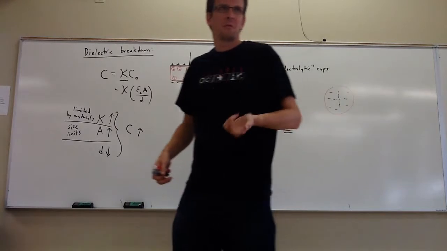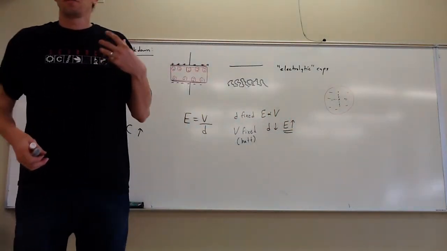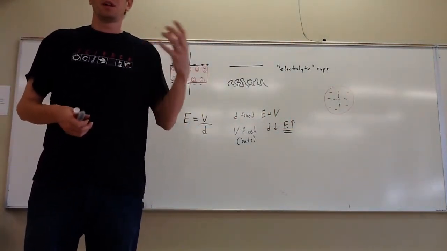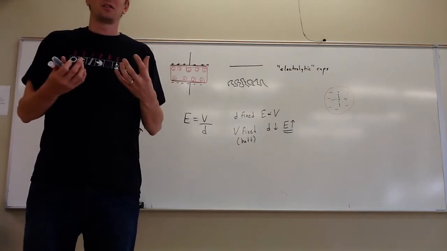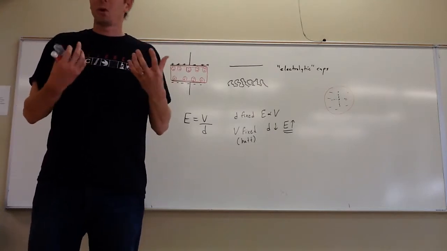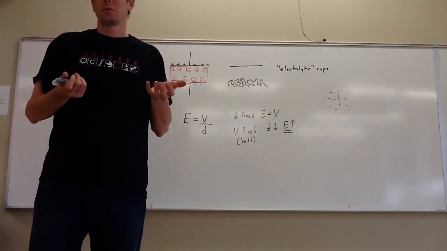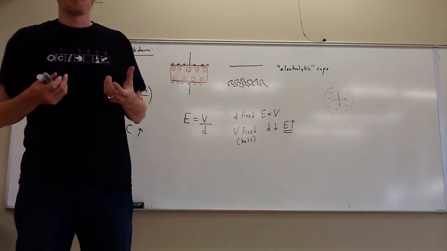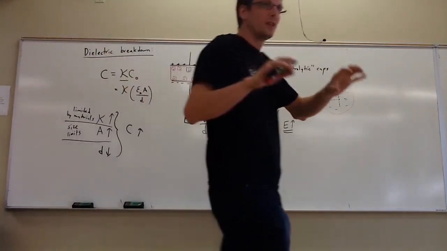Now you guys may know from chemistry that there are such things as polar molecules, where the plus and minus aren't exactly concurrent. These things have a permanent dipole, and can be approximated as a plus and minus, kind of separate.